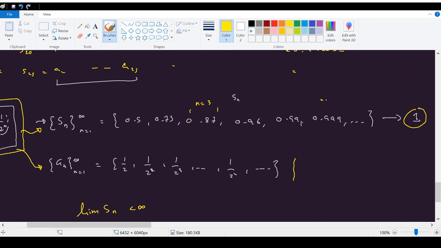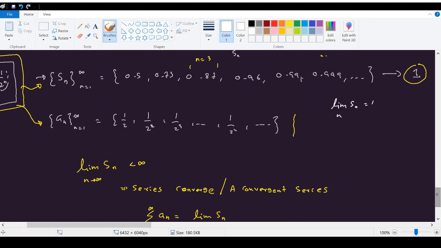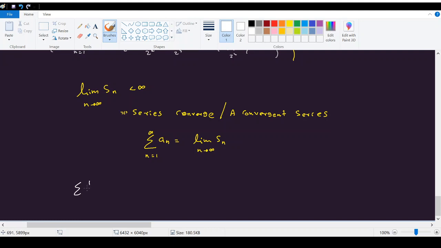That means for this specific example, the limit of the partial sum was equal to 1. So we can say that this series converges, and the answer for this series is equal to 1, because this is the limit of the partial sums obtained from this given series, okay?